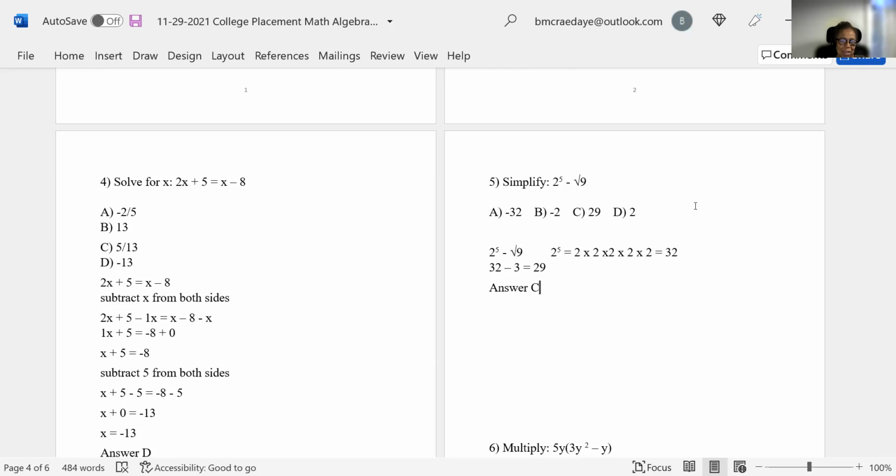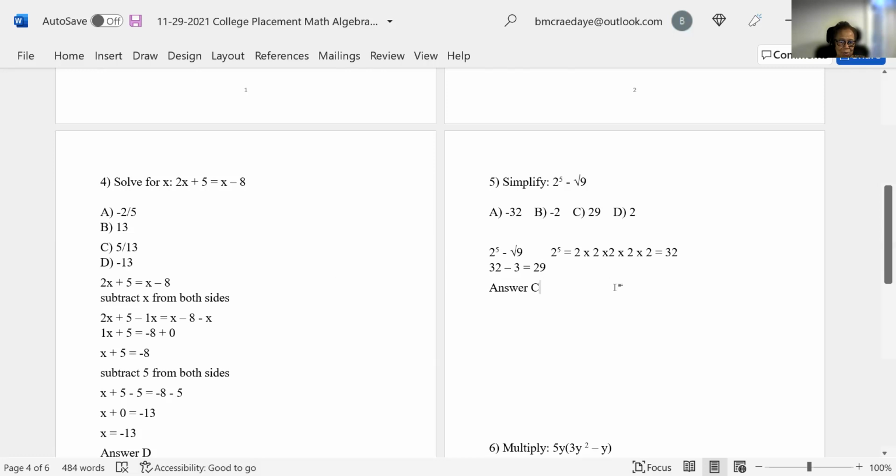So you had to raise to a power, an exponent, and then take the square root of a number which has a perfect square root. So that worked out good because the square root of 9 is 3. 2 to the 5th is 32. 32 minus 3, 29. Answer C.